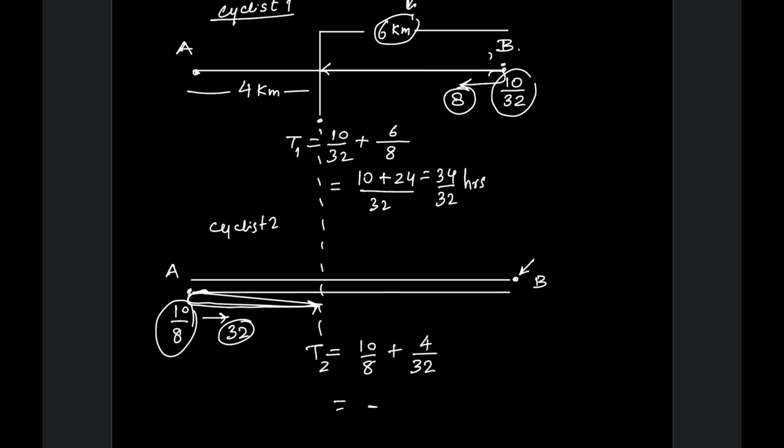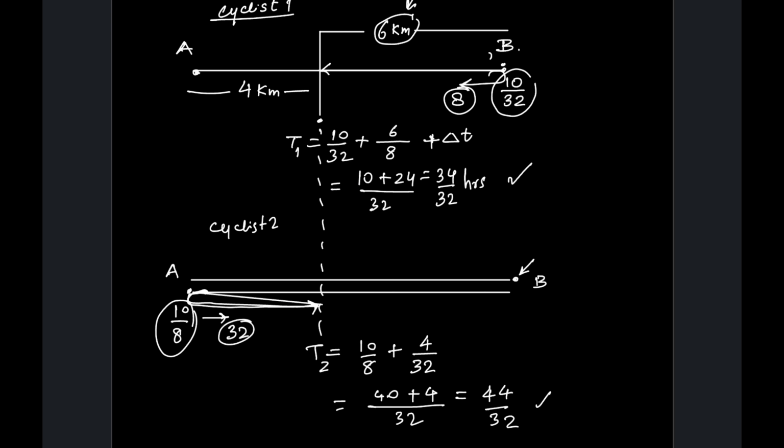While this is 32, 40 plus 4, 44 by 32. So now compare these two times. Cyclist 1 will reach earlier than cyclist 2 if no cyclist is resting. If no one is resting, then cyclist 1 will reach earlier. And since it is given that they are reaching at the same time, it is obvious that cyclist 1 is resting for some time, delta t.